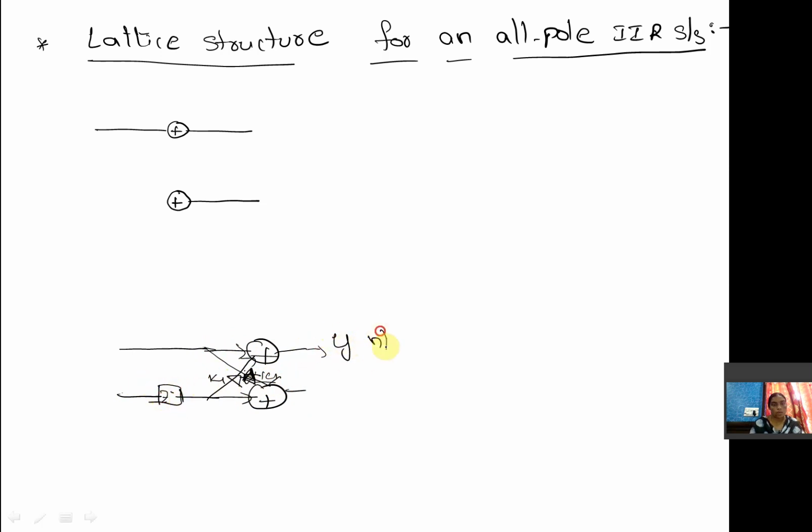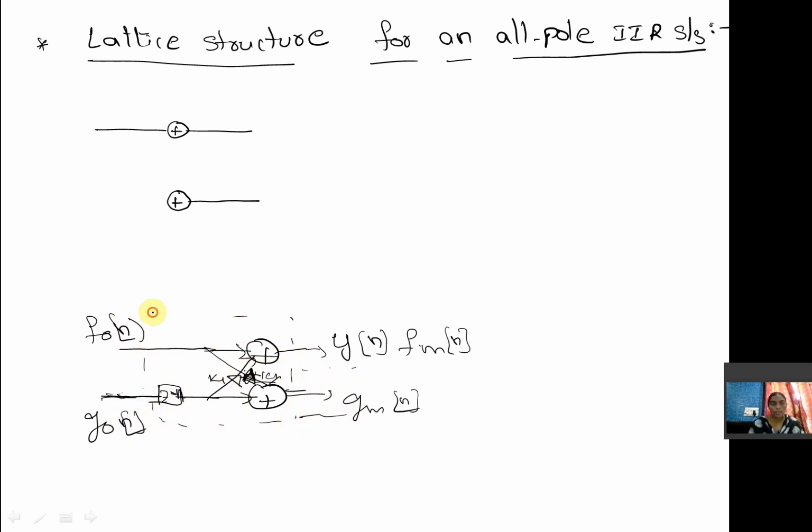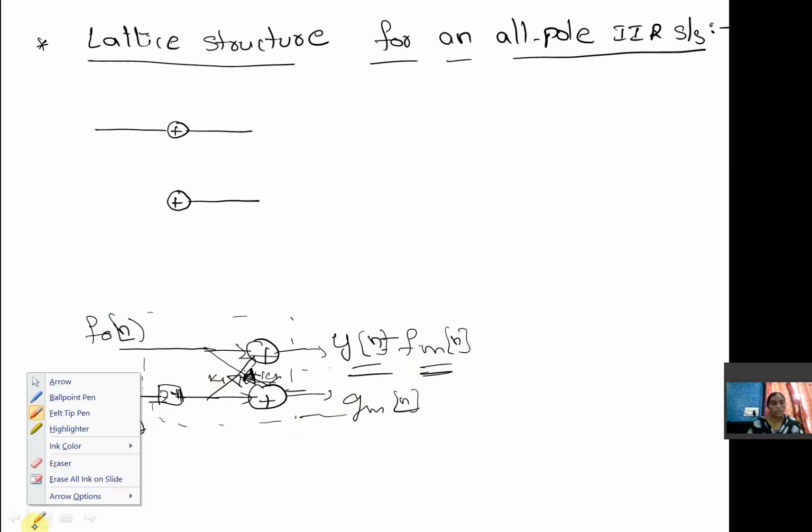This is nothing but output Fm of n, and this is Gm of n, and this is F naught of n. This is G naught of n. Okay, right? So in this way you can cascade these types of lattice structures, then you can get the M stage FIR filter, right?